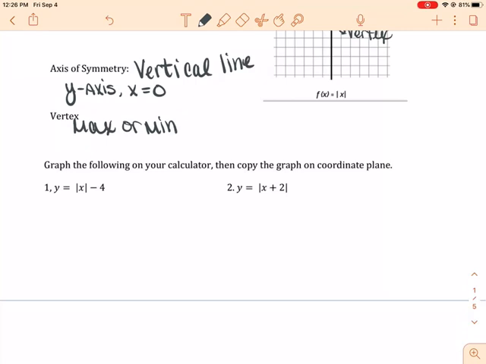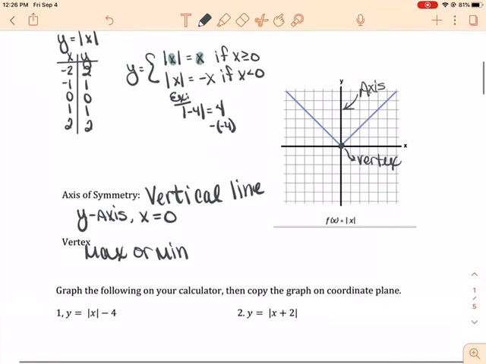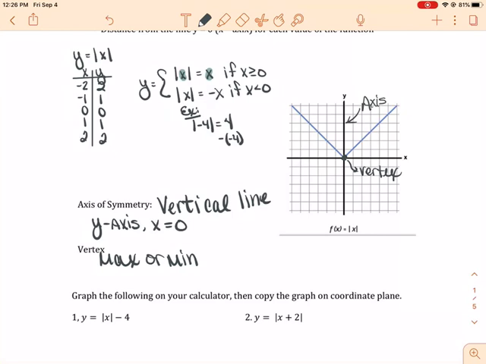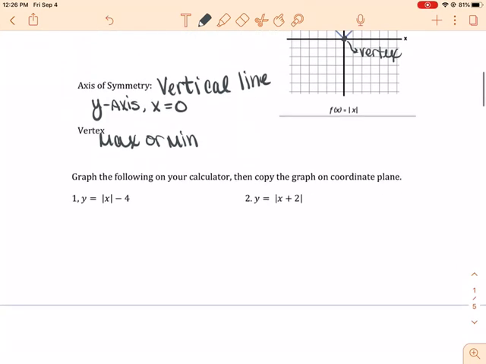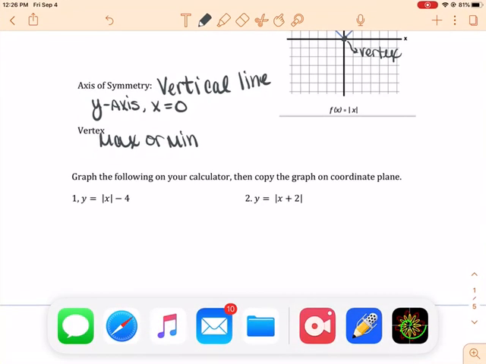All right, so what we're going to do is graph the absolute value function on our calculators and start talking about what happens when we move it and pick it up and move it around. Now, a big assumption here is that if I gave you a set of points, you can graph the absolute value by hand by putting in 2, -1, a bunch of x's and getting some y's.